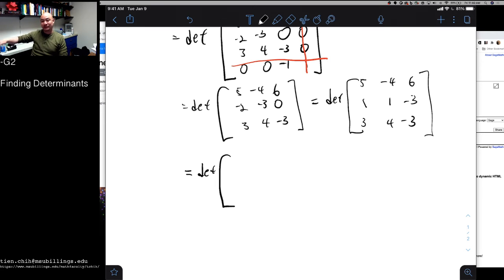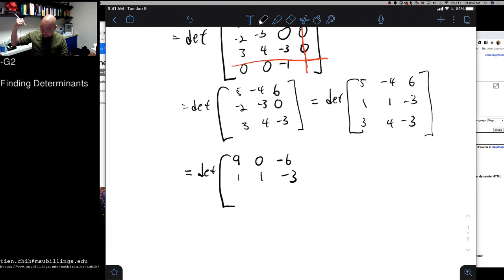So 4 times the middle row plus the top row will give me 9, 0, minus 12 plus 6 is minus 6. And then I have 1, 1, minus 3.